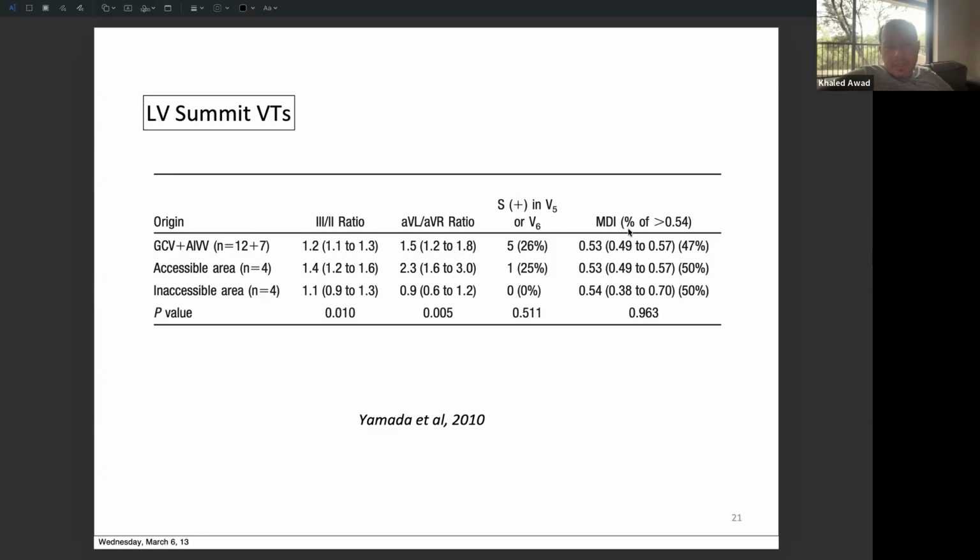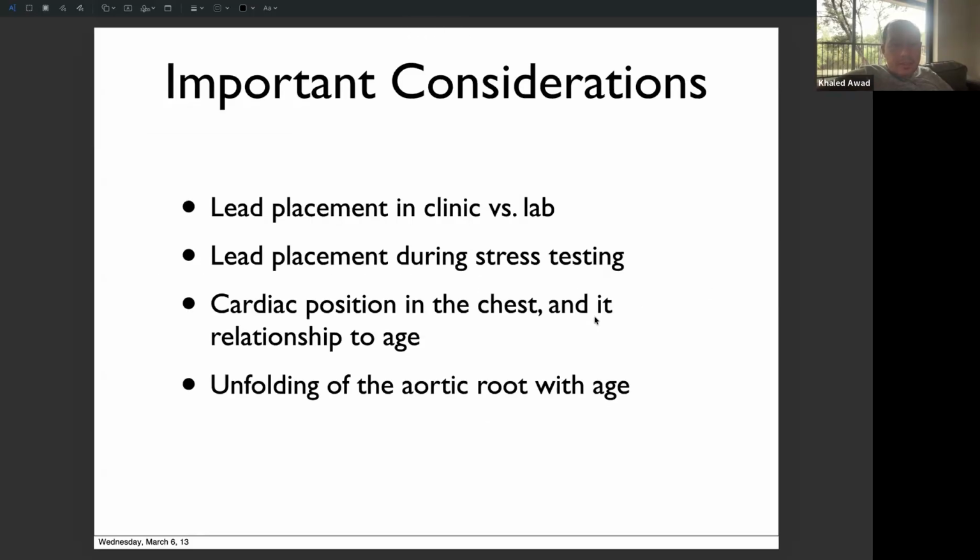Did it take half the QRS to get there? More than half? If it takes 55%, or more than 50, I think the cutoff was 55, then you're probably dealing with something coming from the epicardium. And so those tend to have these epicardial features.